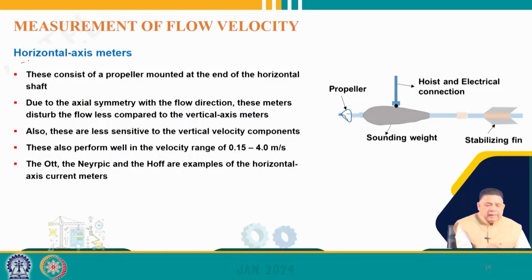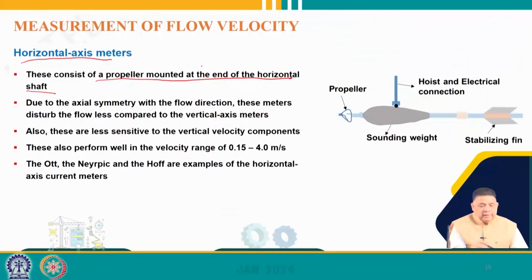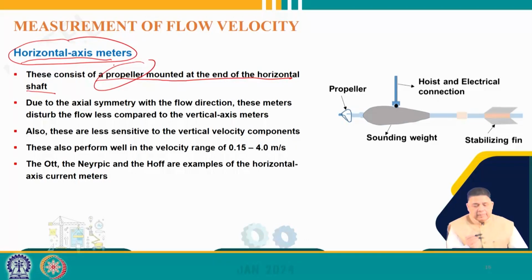Then the other category, we have horizontal axis meters. These consist of a propeller mounted at the end of a horizontal shaft. So, obviously, as we discussed earlier, the vertical axis meters have conical cups, whereas the horizontal axis meters are propeller type at the end of a horizontal shaft. Due to axial symmetry with the flow direction, these meters disturb the flow less compared to the vertical axis meter.